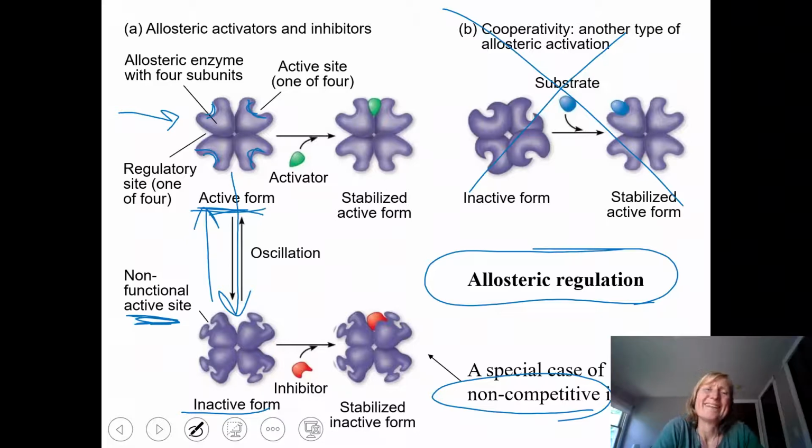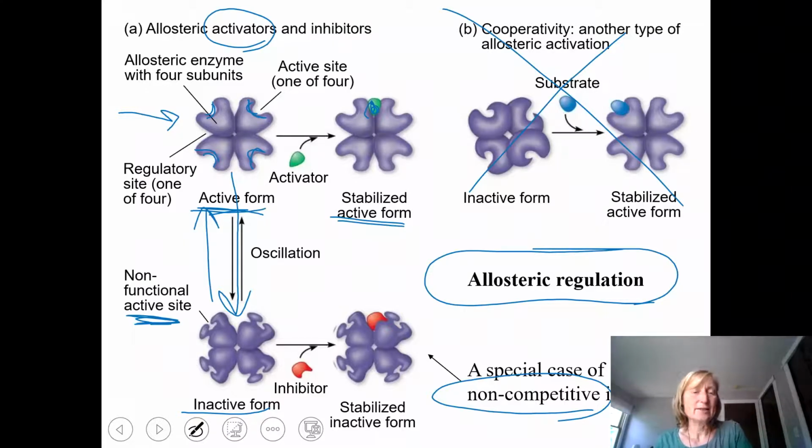Now, there are some molecules that are considered allosteric activators, which bind to the enzyme and stabilize it in its active form. What's going to happen to the rate of the reaction if there are activators present? Well, the reaction rate should increase because the enzyme is always in its active form, catalyzing reactions.